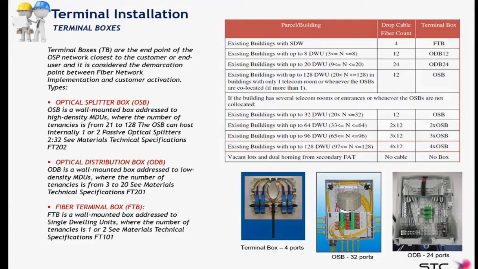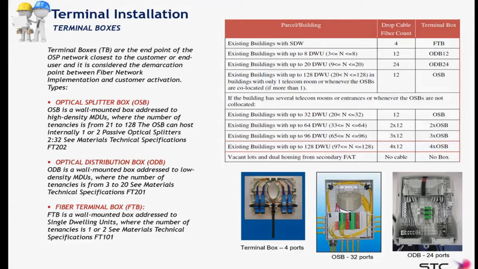On this table on the top right corner, we have the general guidelines on the TB, ODB, and OSB utilization. Depending on the number of dwelling units described here, we have the drop cable fiber count in the middle column and the type of terminal box used at the right column.